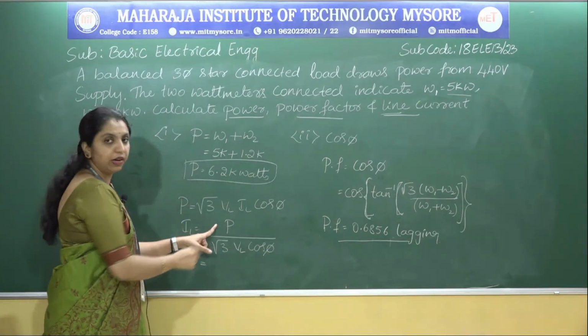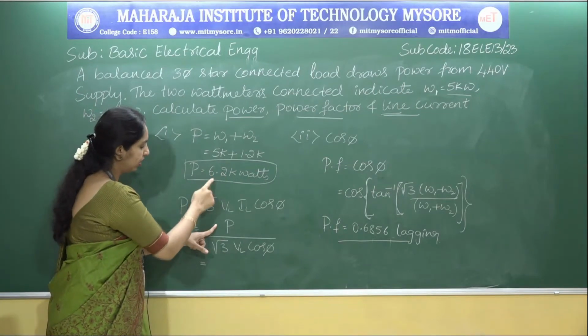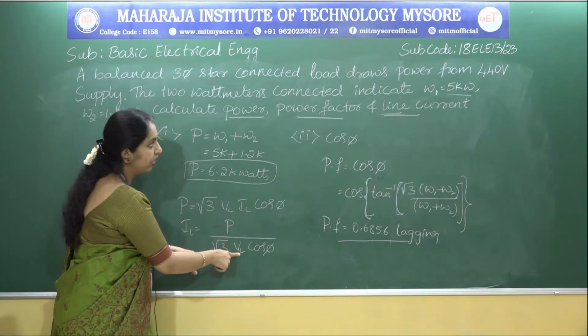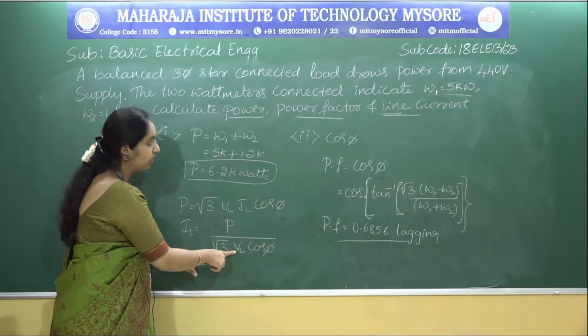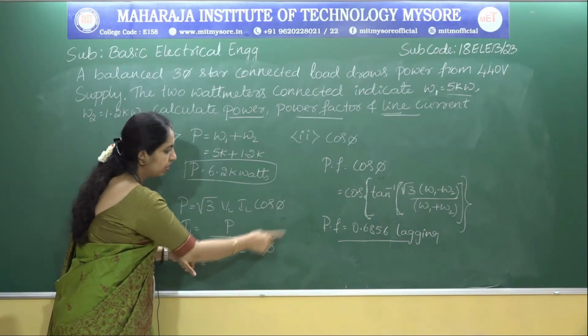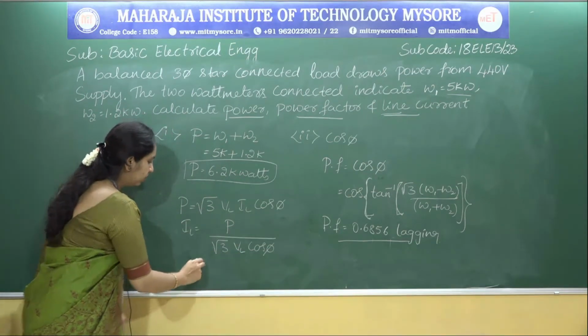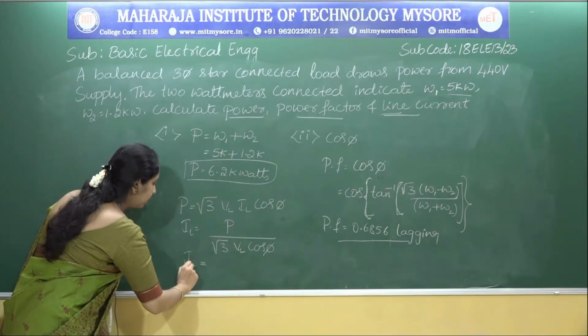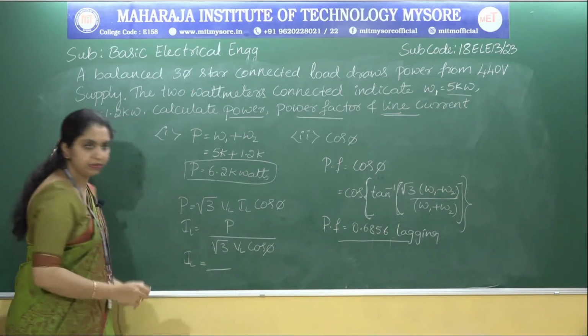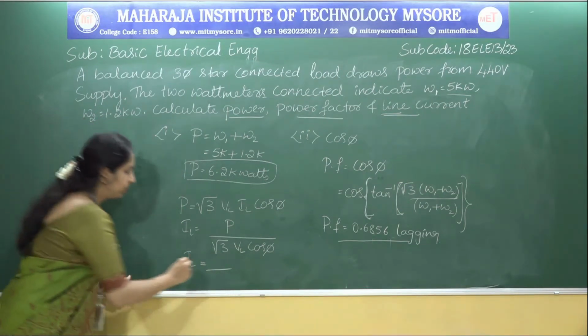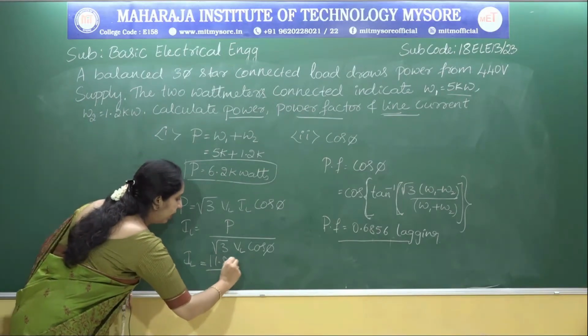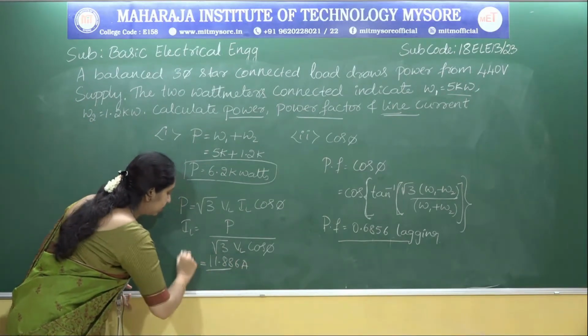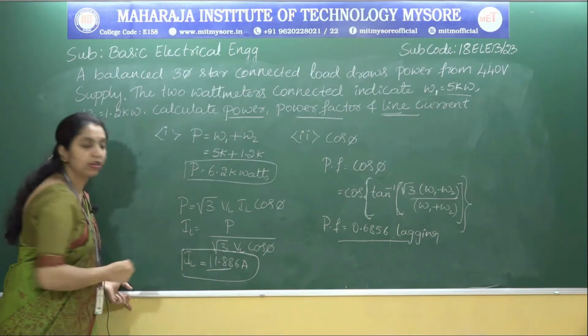Substitute the value of P which we have already calculated, the VL value provided in the problem, that is 440 volts, and cos phi, that is the power factor. Finally we get the value of IL as 11.886 amperes.